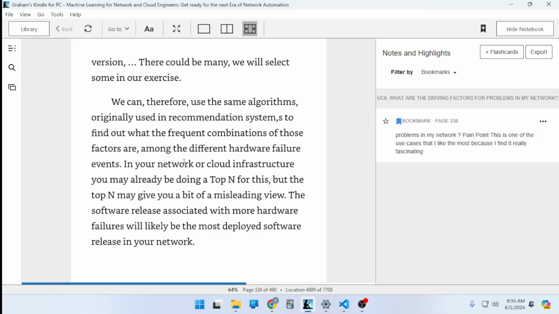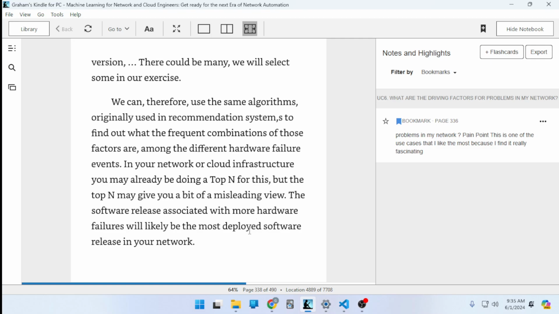In your network and cloud infrastructure, you may already be doing a top N for this, but the top N may give you a bit of a misleading view. The software release associated with more hardware failures will likely be the most deployed software release on your network.